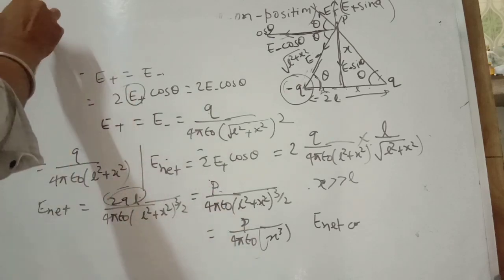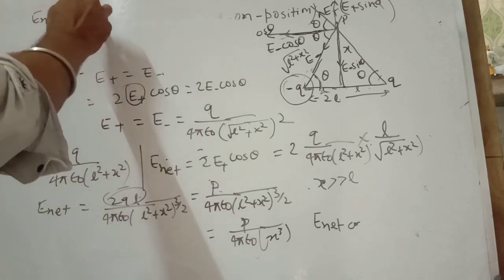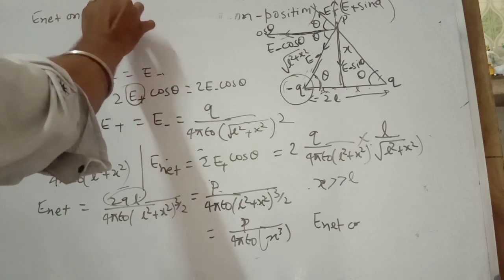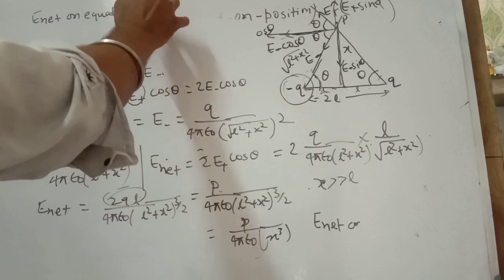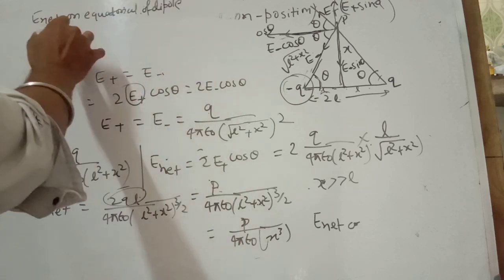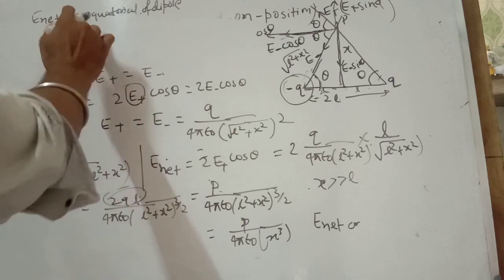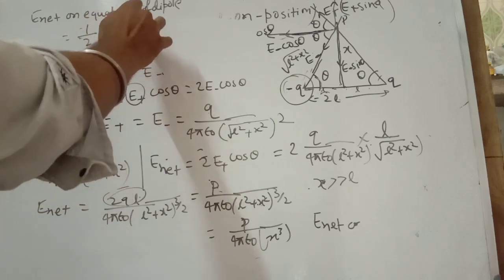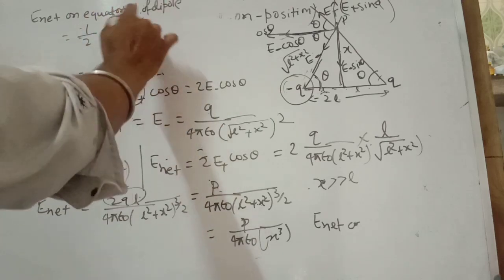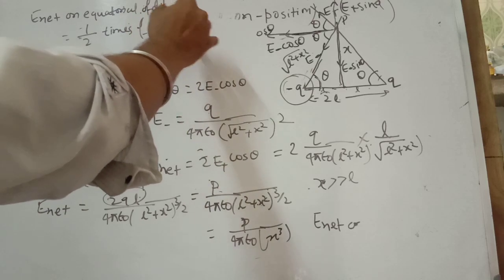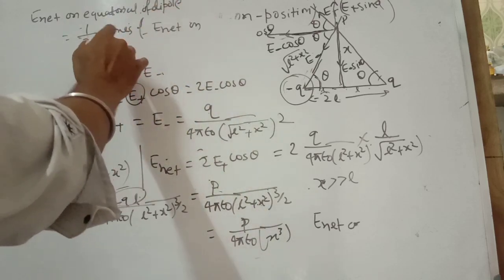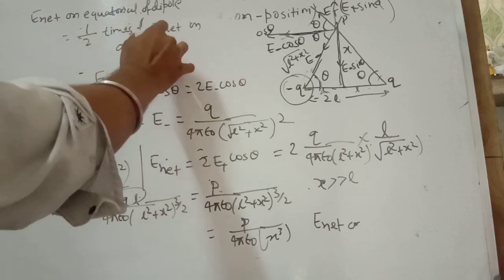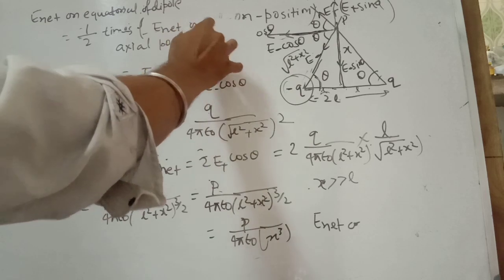So E net on the equatorial position of the dipole is one half times the electric field E net on the axial position of the dipole.